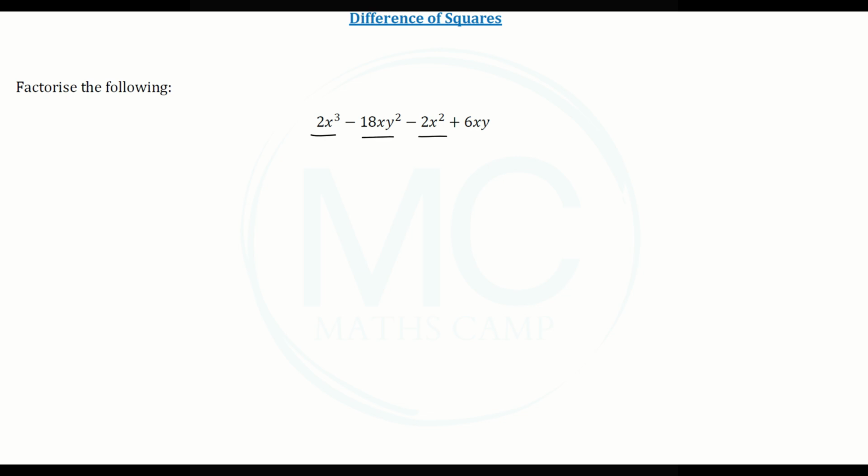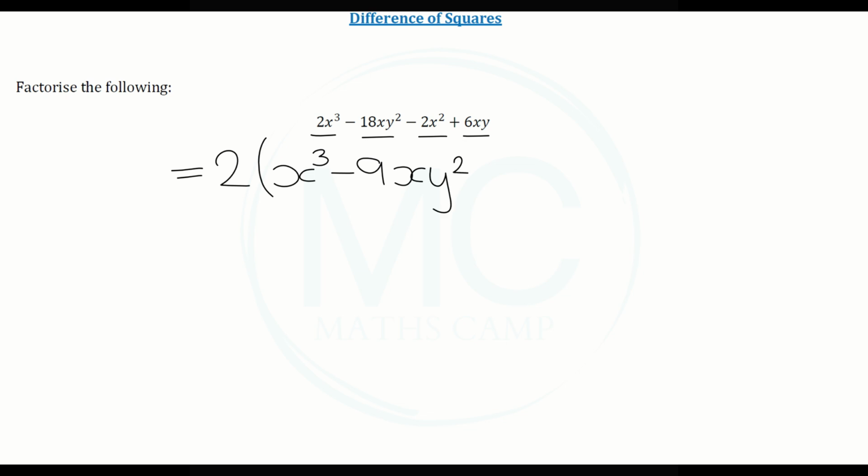In all of our terms, we can see that the values are even, which means we can take out 2 as a common factor. So let's do this now. Take out 2, open my bracket. 2x cubed divided by 2 is x cubed. Negative 18 divided by 2 is negative 9. So we get negative 9xy squared.